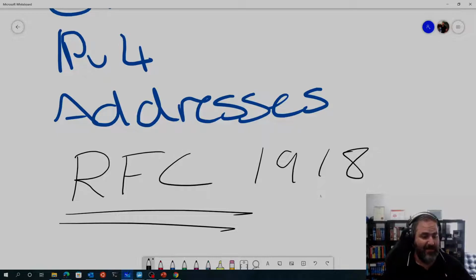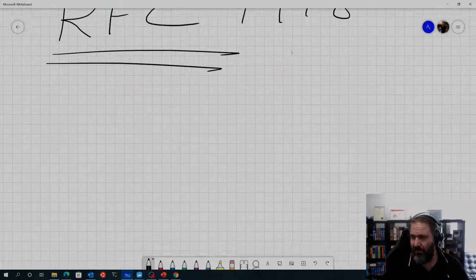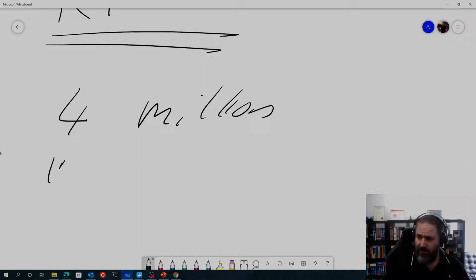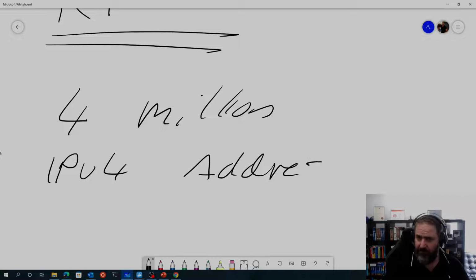Now, when they designed this, they thought there is something like 4 million, we'll get the exact number in a second, about 4 million IP version 4 addresses. Okay, we have 4 million of them.